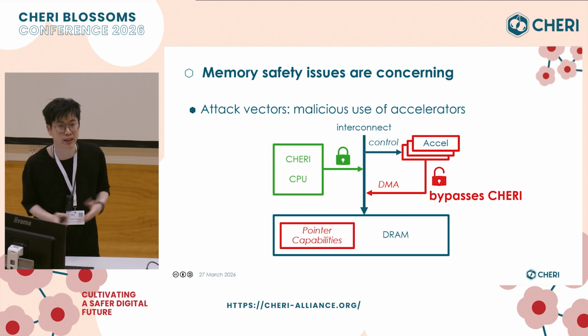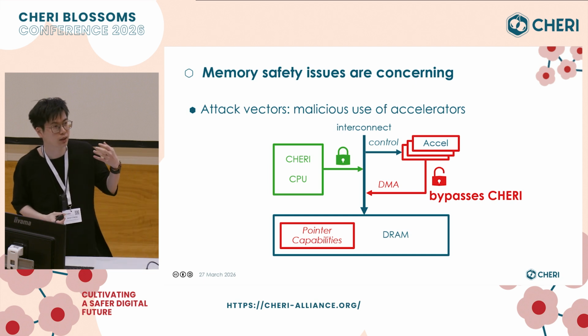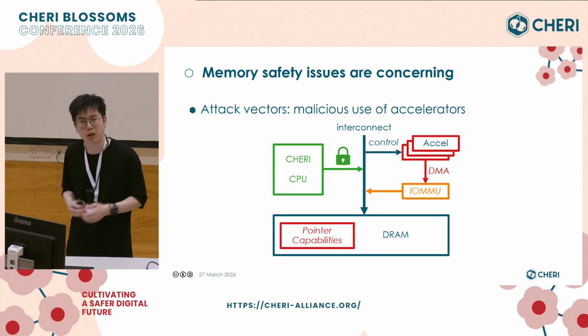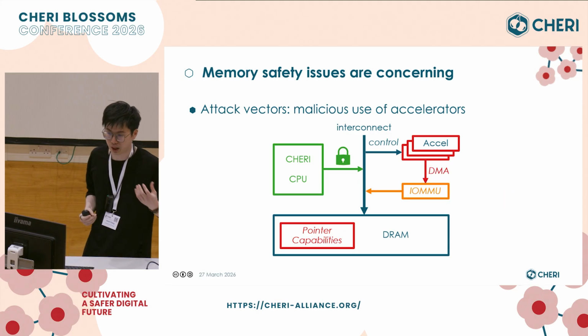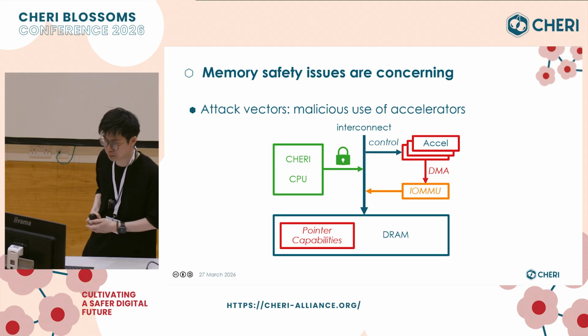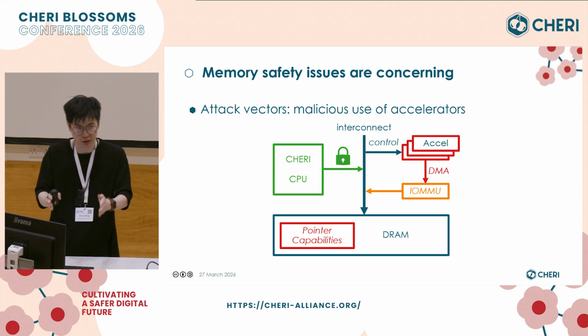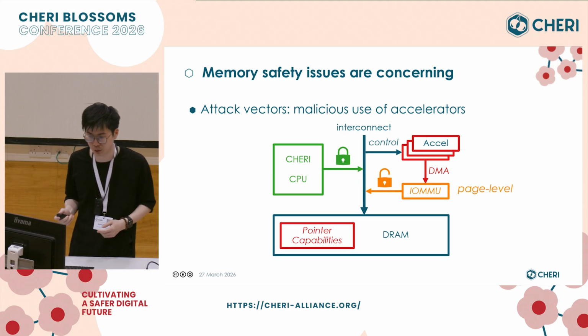So what do we have today? If we look at a cloud-based system or large-scale system, often we have IOMMUs, input-output memory management units. They protect the memory access from going out of the page size, which is 4 kilobytes.